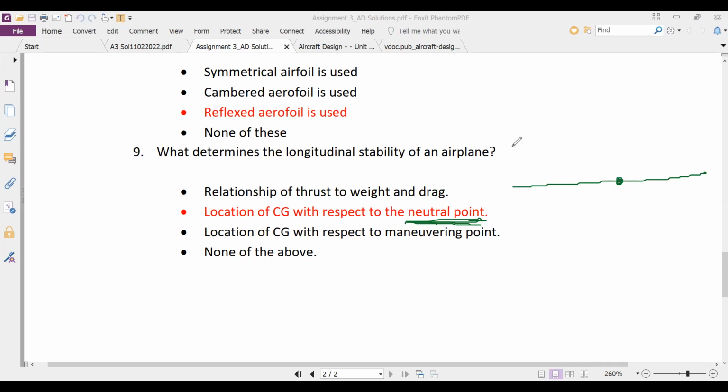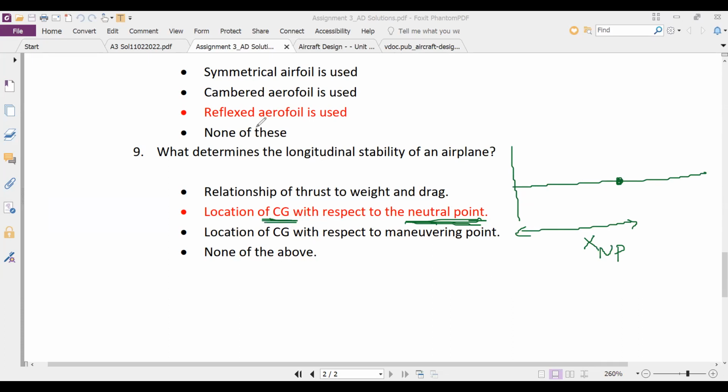Let's say we are measuring all distances from here, and this is the location of X of NP. Now, at what location with respect to this X NP, or neutral point, should the CG be located?